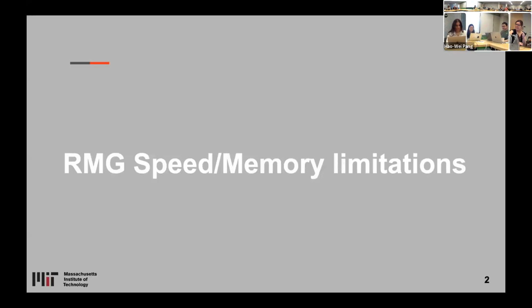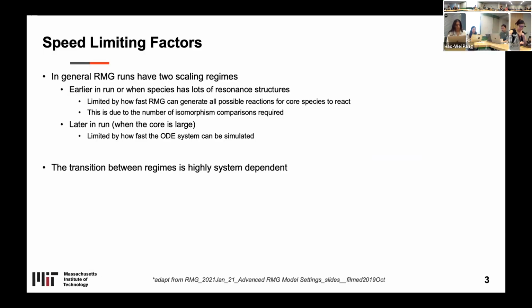Okay, first, RNG speed and memory limitations. The RNG speed limitation runs in different zones. In the early run, when there are fewer species in the core, or if these species have a lot of resonance structures, the speed is limited by how fast RNG can generate all possible reactions for all the species in the core.